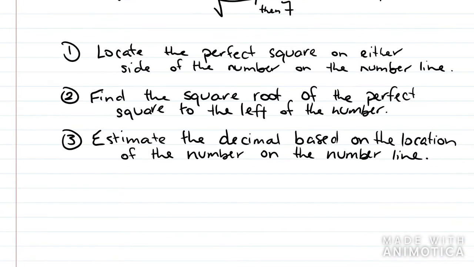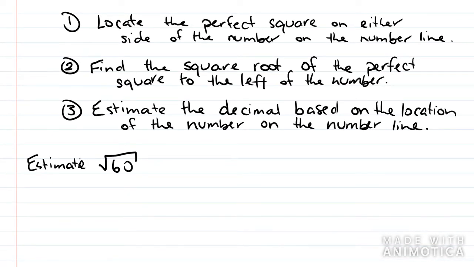Okay, so let's try that with the square root of 60. And again, we're estimating. So we draw our number line. What's a perfect square that is smaller than 60? Probably 49.